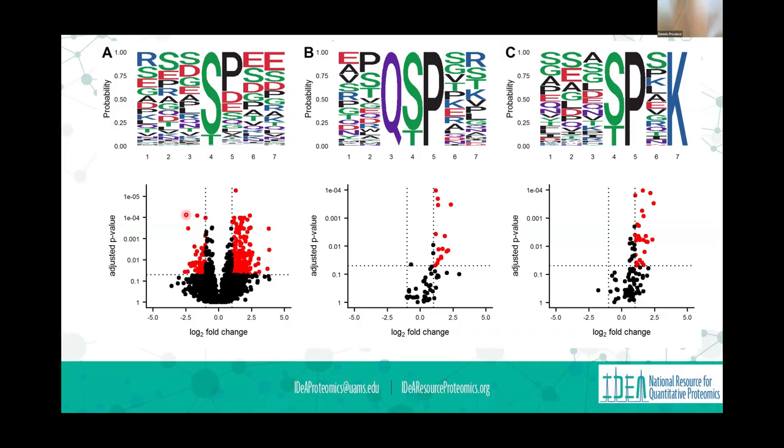And so there's lots of data that's generated in a phospho experiment. We have yet to have somebody say, okay, I've made it through the list of all the phosphopeptides, and I don't know what to do next.